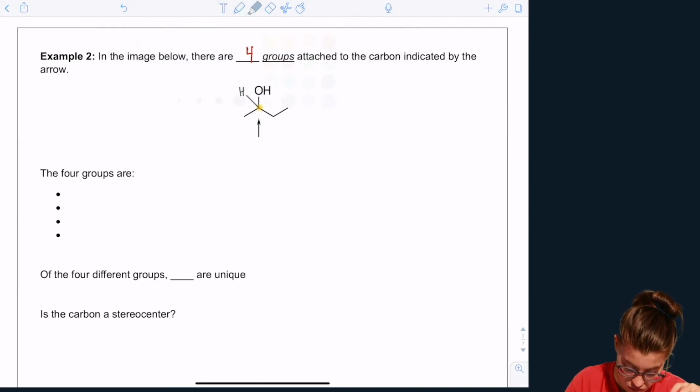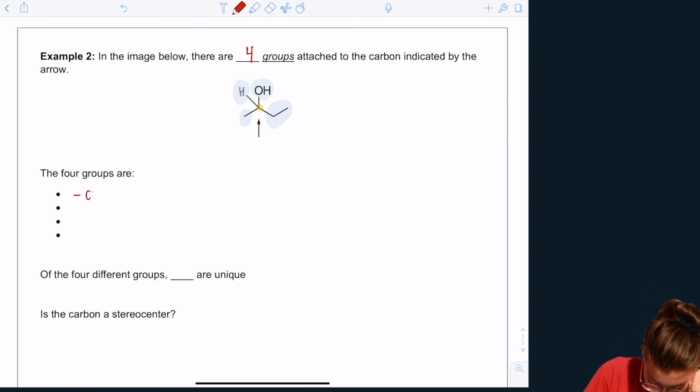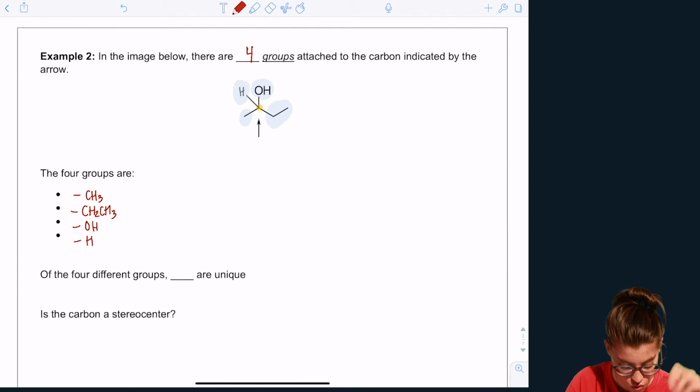Let's highlight them. We've got a methyl, a hydrogen, an OH group, and an ethyl group. Of these 4 groups, how many are unique? All 4 of them are unique from each other.